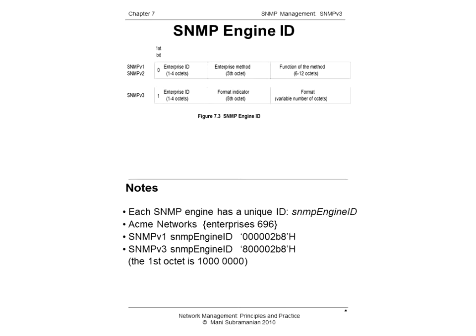The SNMP engine, which is named as SNMP Engine ID, comprises a dispatcher, message processing subsystem, security subsystem, and an access control subsystem.